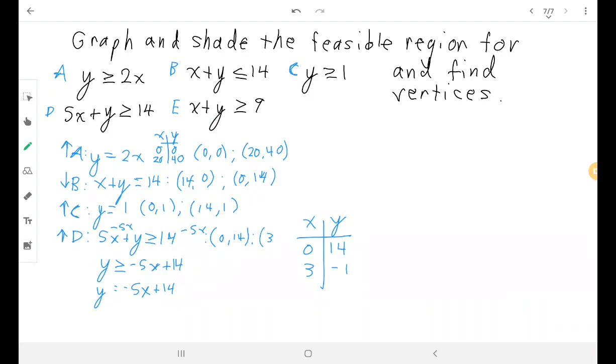So 3, negative 1, because negative 5 times 3 is negative 15, and then negative 15 plus 14 is negative 1. So I have all of that information now, so I'm going to get rid of this so I can continue to have room here.